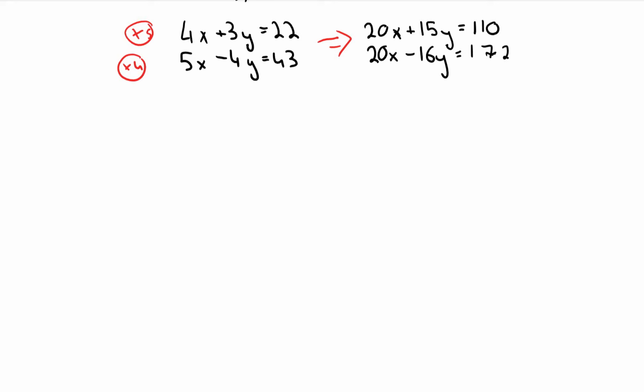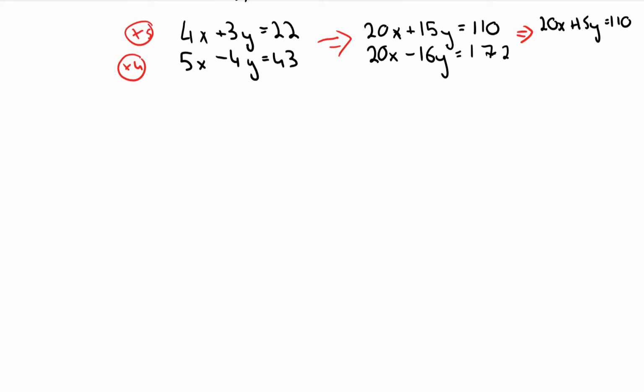Well, I have a pair here. There they are, two 20s, but they're not a positive and negative pair. So I shall change the sign of the bottom line. The top will stay the same, 20x plus 15y equals 110.